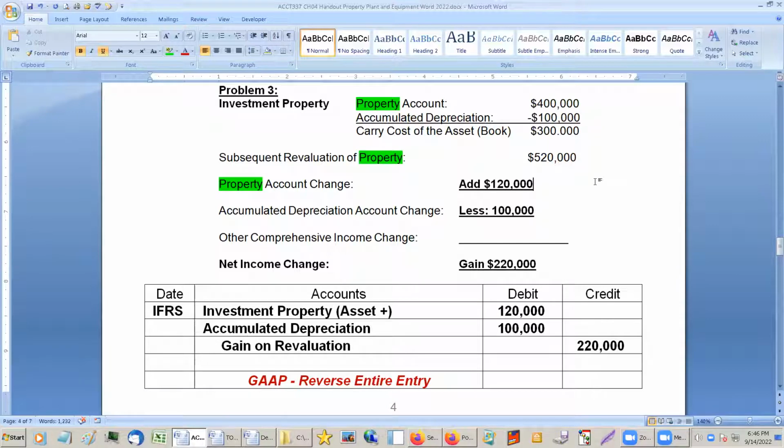Question on that? And if you're wondering why, it's because this is an investment property. You know, an investment property could be investment in stock, it could be investment whatever in it. So the idea is that you're going to make income on it as time goes on.